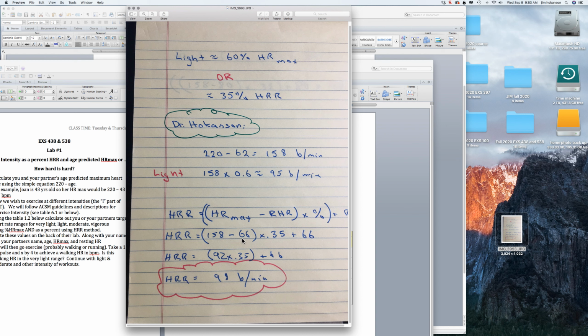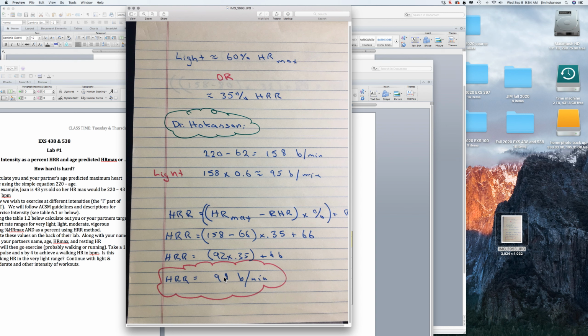That's a relatively low resting heart rate. So 158 minus 66 is all multiplied by 0.35. If we look up at the top, light exercise using the heart rate reserve method is 35%. And then 66, which is my rest, is added back to all of this. So 158 minus 66 is 92 times 0.35, and 66 is added back, so I get 98 beats per minute.